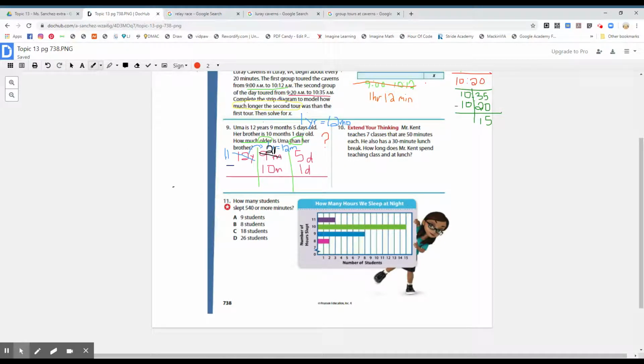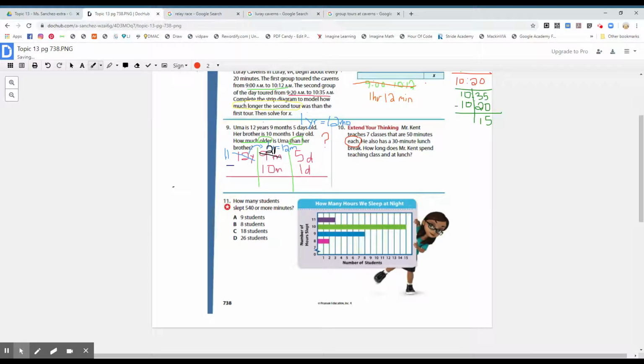All right, number 10, extend your thinking. Mr. Kent teaches 7 classes that are 50 minutes each. He also has a 30-minute lunch break. How long does Mr. Kent spend teaching class and at lunch? Okay, so we see Mr. Kent has 7 classes that are 50 minutes each, boys and girls, the word each.